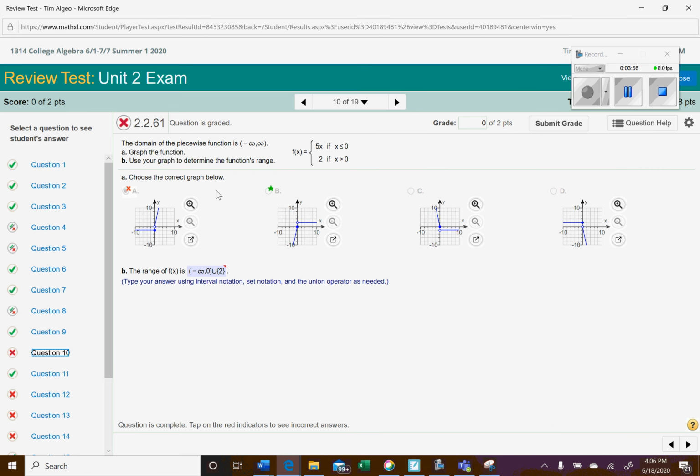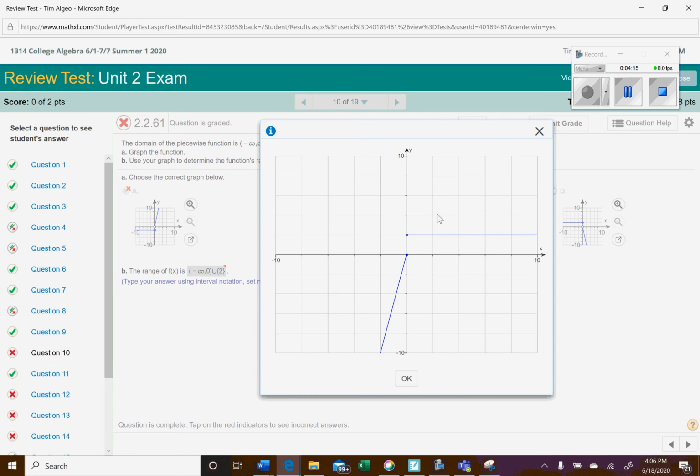Let's see. Okay, so this can be a little tricky, but we're basically saying we want to graph 5x as long as the x values are less than or equal to 0, basically as long as they're negative or 0. And so that gives you this graph right here. So we'll go ahead and open that up. So right here, this is the line for 5x.